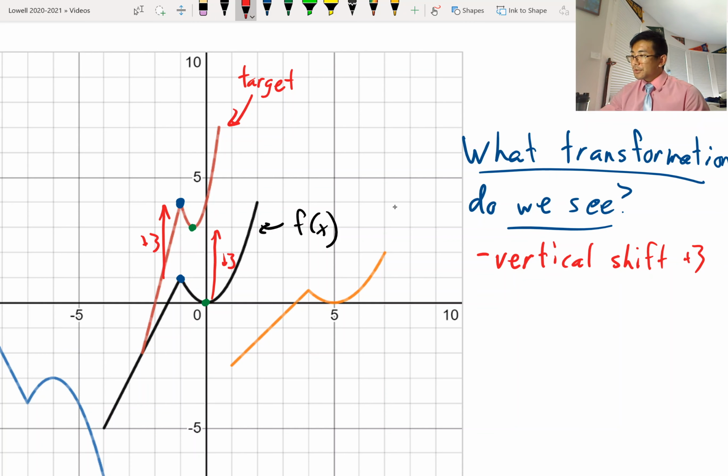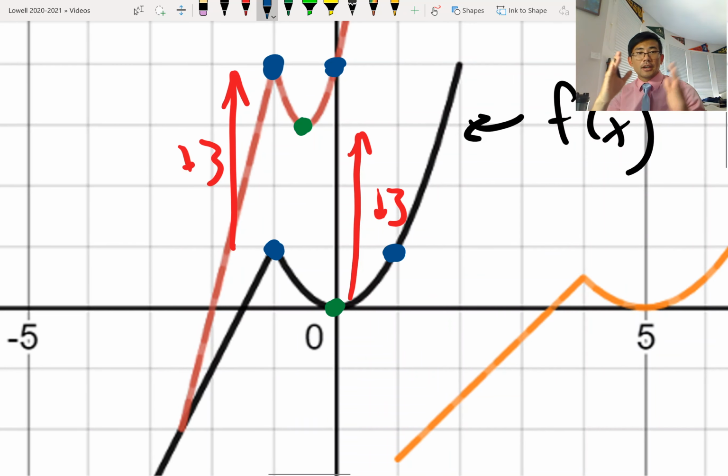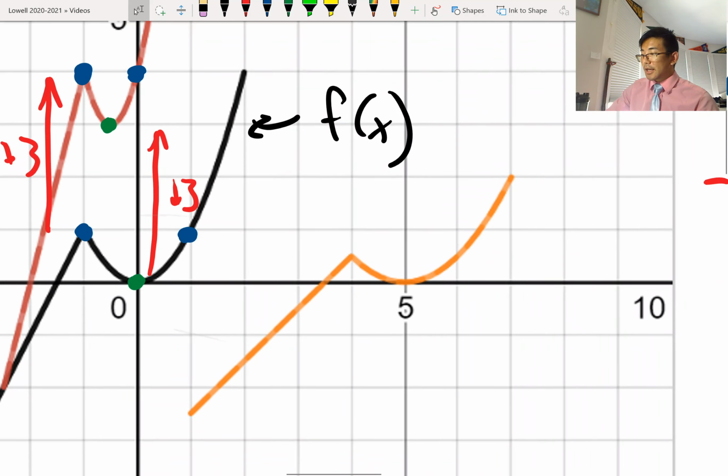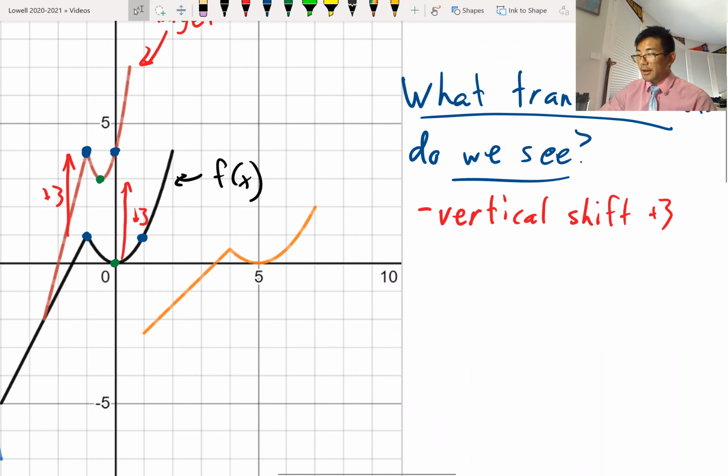If I look at the mirror image, or the symmetric point, of that blue point, at first those two points are 2 units apart. But on the red graph they are suddenly only 1 unit apart. That tells us we have a horizontal stretch.